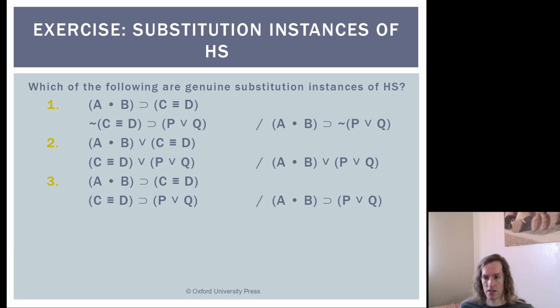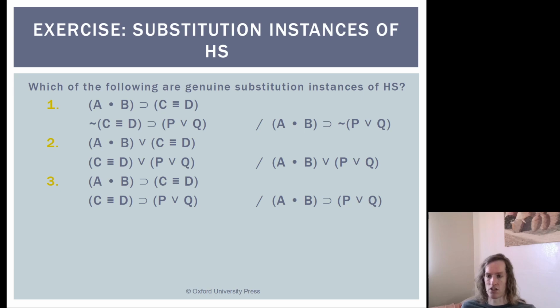Now again, not a substitution instance of hypothetical syllogism. In this case, we're not even using conditionals. Here, the major operators of each of these premises are disjunctions. So just because either A and B or C if and only if D has to be true, and C if and only if D or P or Q has to be true, doesn't tell us anything about whether either A and B or P or Q is true.